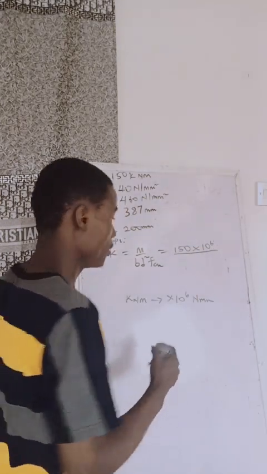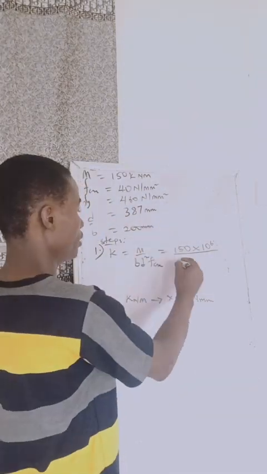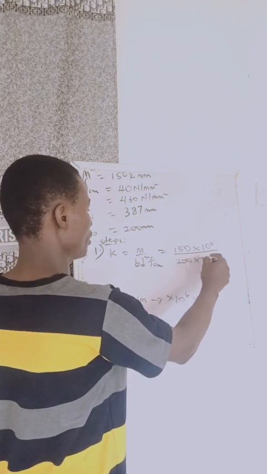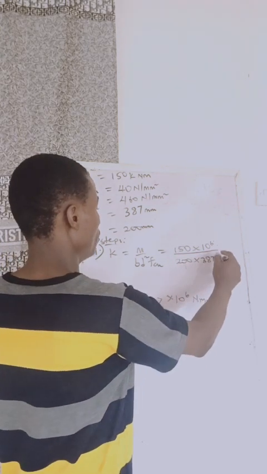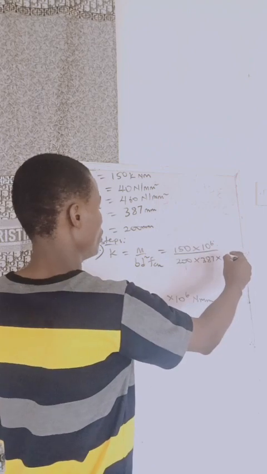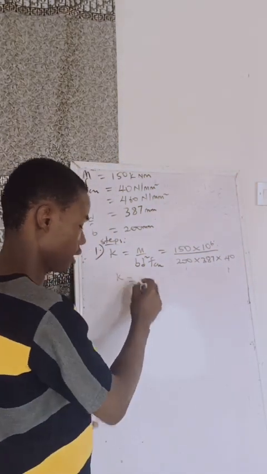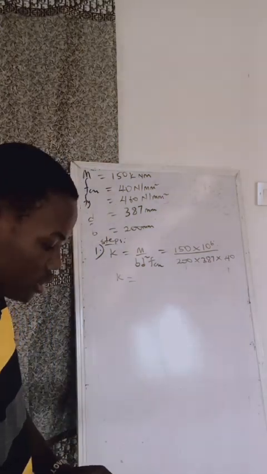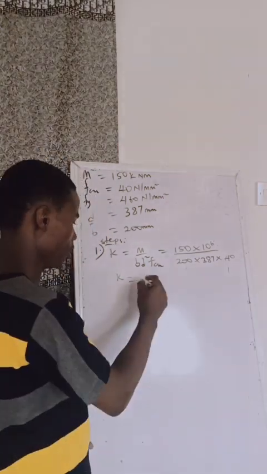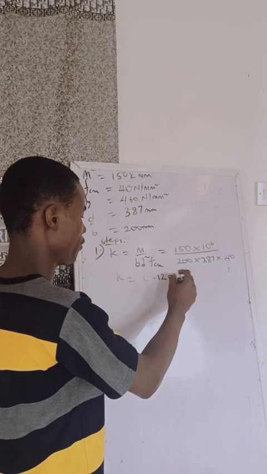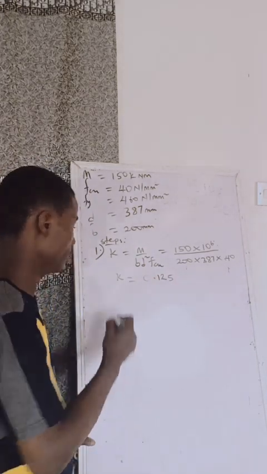Our b is 200, d is 387 mm, multiplied by our fcu, which is 40. You can press it in your calculator, and your K should give you 0.125.